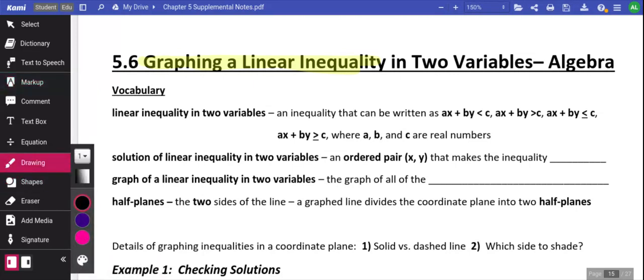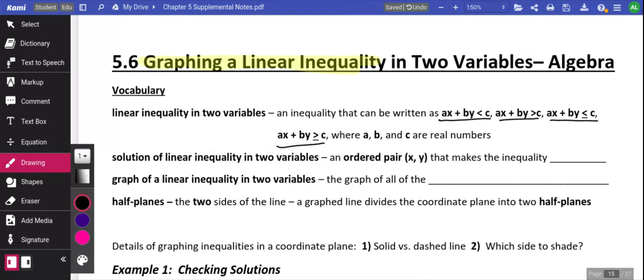Okay, a linear inequality in two variables. Here's this kind of long explanation. It's an inequality that can be written in this method. So basically in standard form, either less than C, greater than C, less than or equal to C, greater than or equal to C, and A, B, and C are all real numbers.